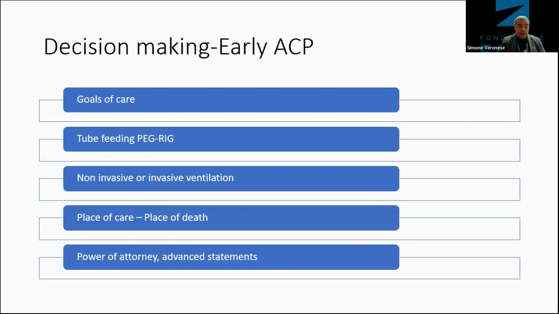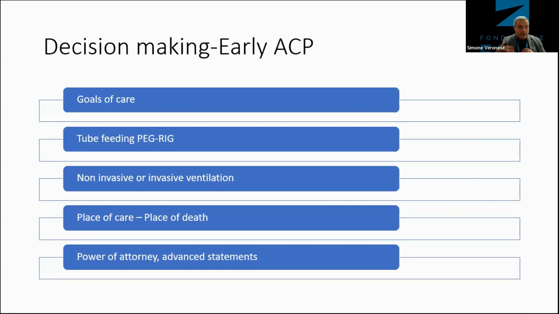The role of tube feeding. We have already discussed the importance of PEG and RIG in terms of quality of life, and we know that the sooner we can propose it and the patient has it, the better it will be in terms of patient outcomes. The role of invasive or non-invasive ventilation, and Christine will talk about that later on.